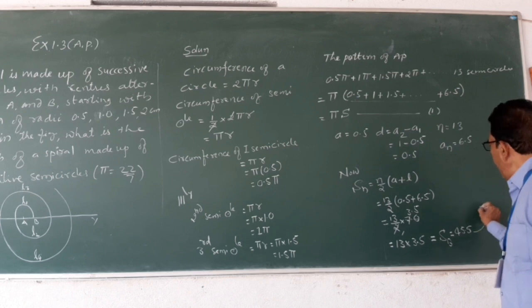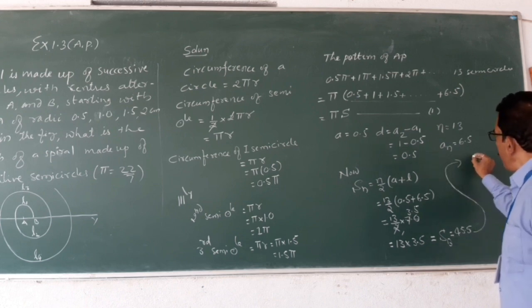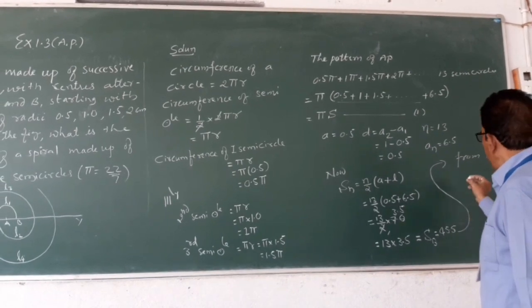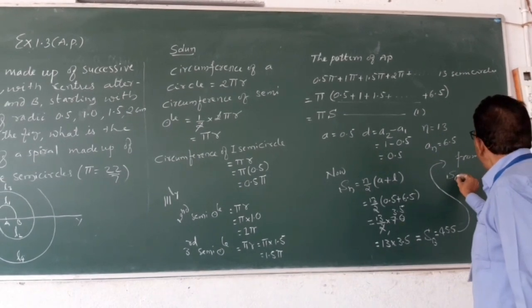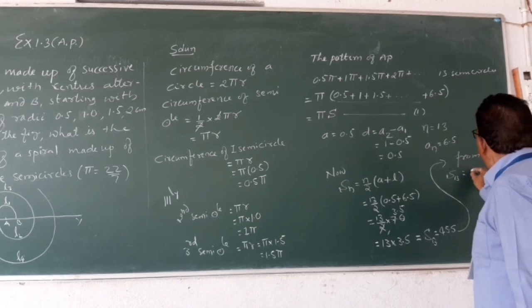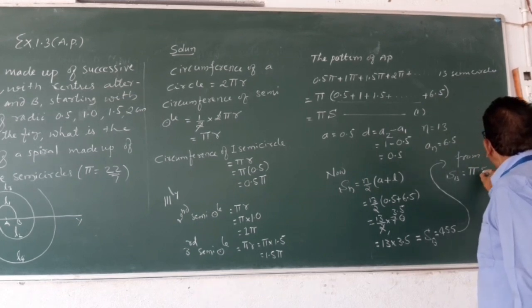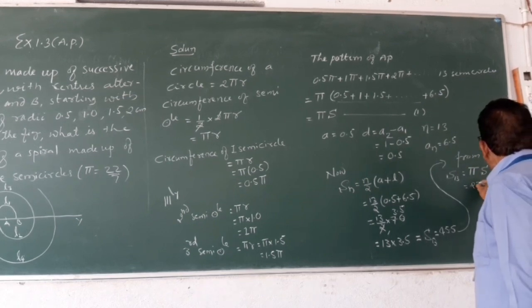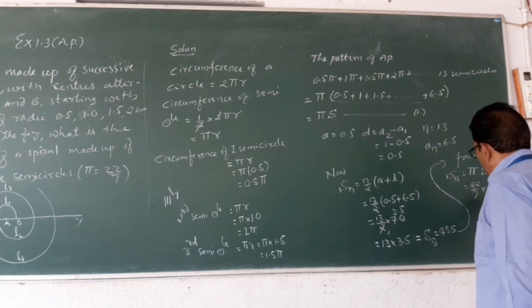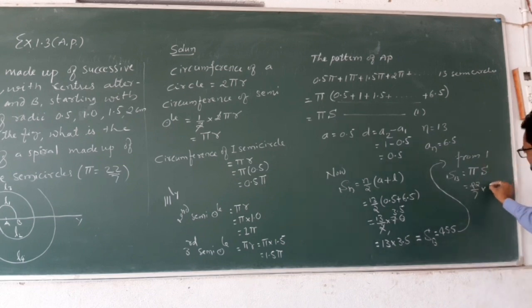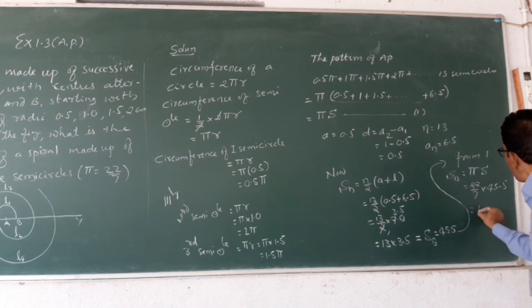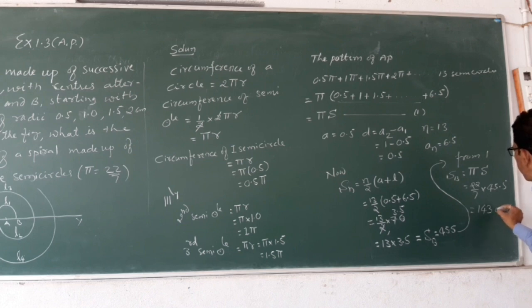We need to find this from equation 1: pi into S, that is 22 by 7 into 45.5, which equals 143 centimeters.